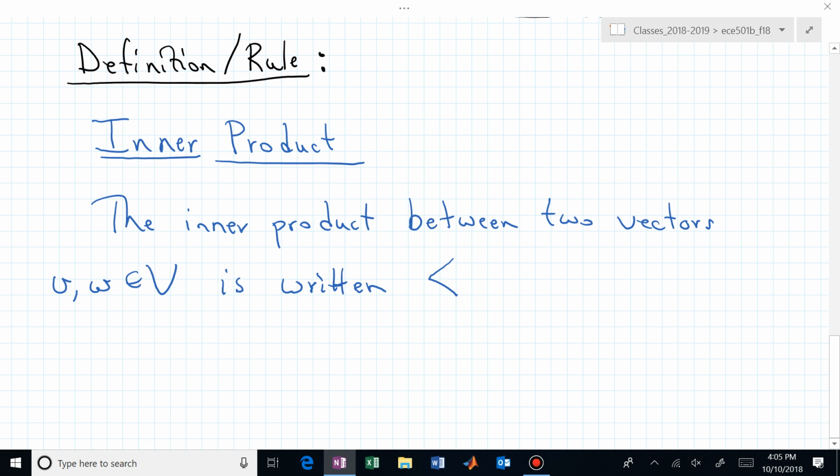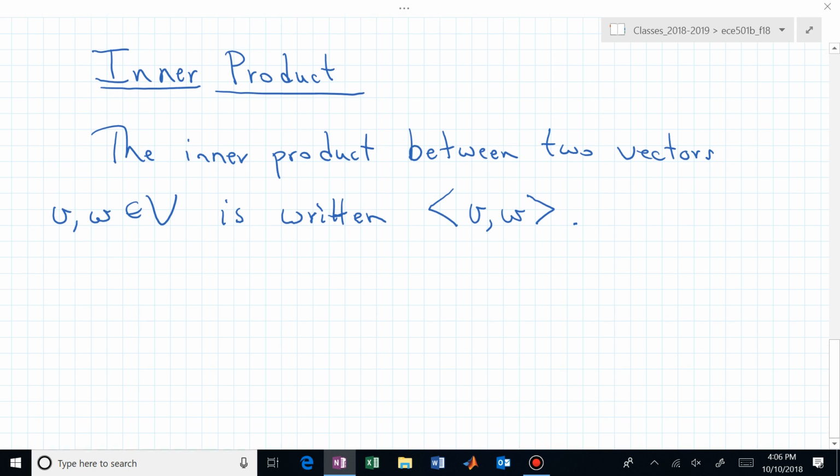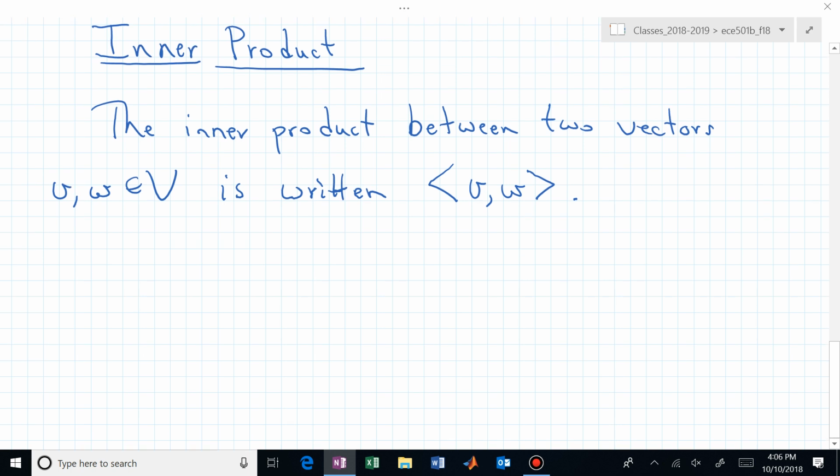I'll try to be consistent and use brackets. So this is now open bracket V, W, and the order is important. I'm not going to use parentheses because then you might get confused with it being a list or an ordered pair. So when I use the bracket, that means we're talking about the inner product between two vectors.